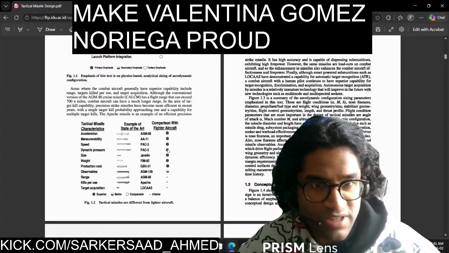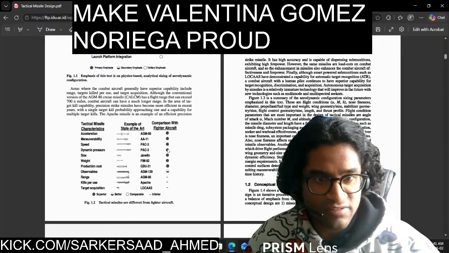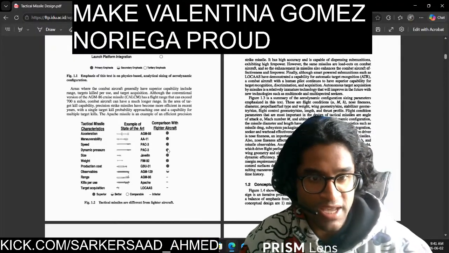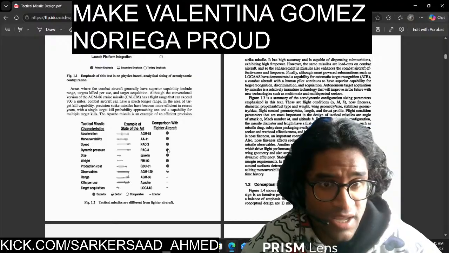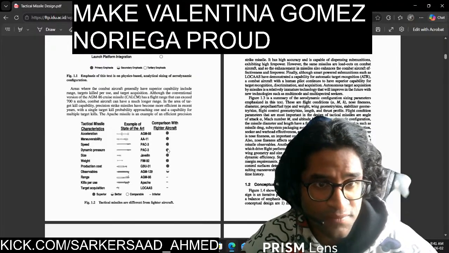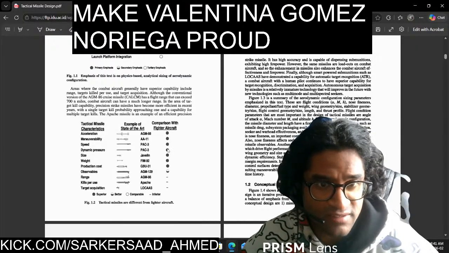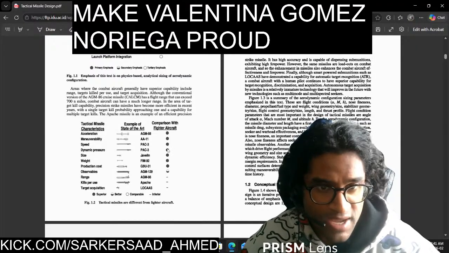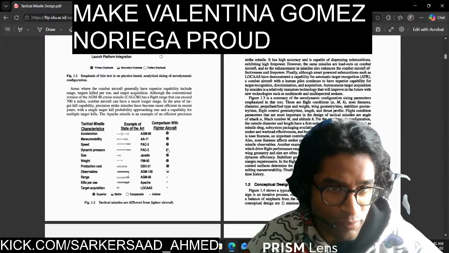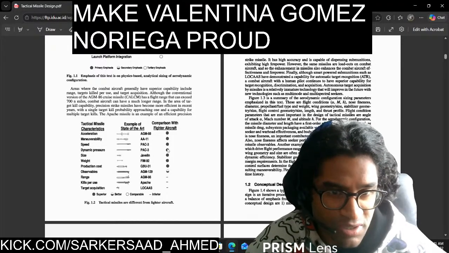So I understand what the acceleration is. So AGM-88, tactical missile characteristics. Acceleration is like AGM-88, so that's a superior one. AA-11, that's a superior one too. PAC-3, that's a superior one too. That's for speed. For dynamic pressure, PAC-3 is also good. For size, Javelin is good. For weight, the FIM-92. For production cost, GBU-31, that's superior because probably it's cheaper.